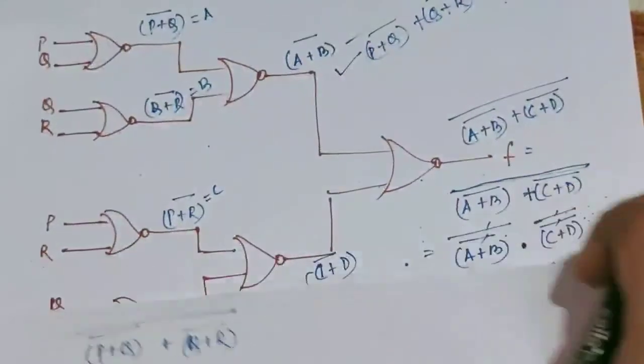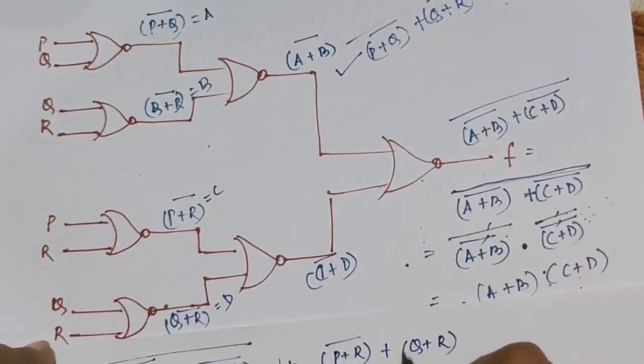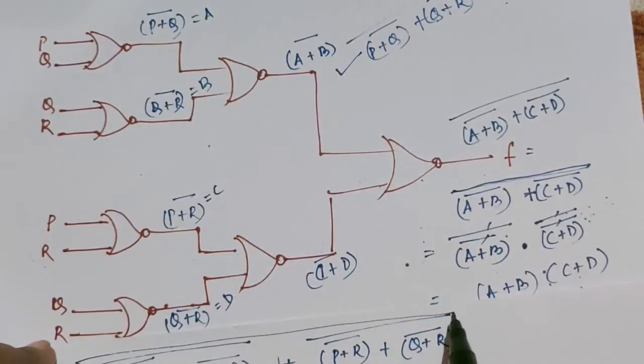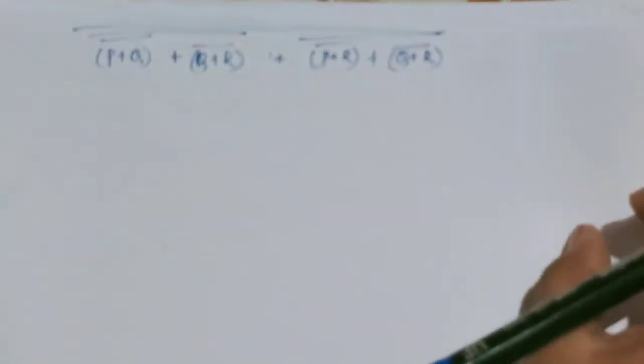Like this we get the same expression here as P plus R, Q plus R whole bar. Again for this NOR gate these two will be added and we take the complement. The expression is like this. So how to solve such expressions?